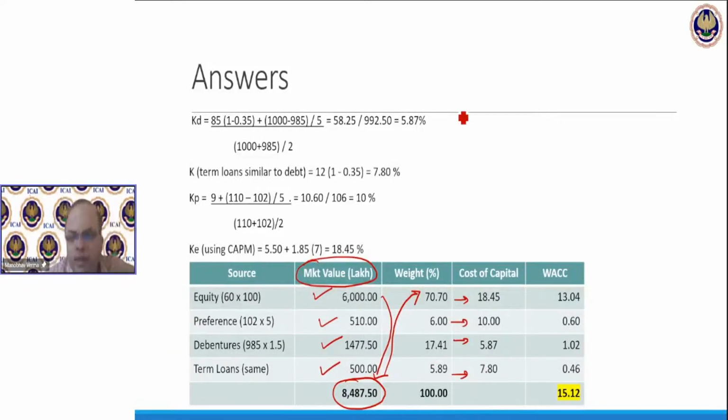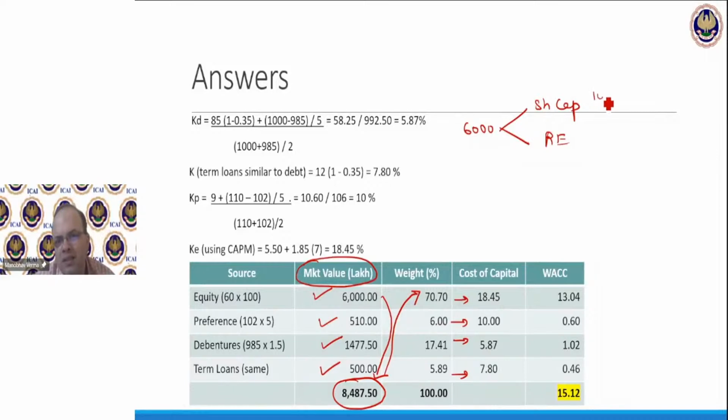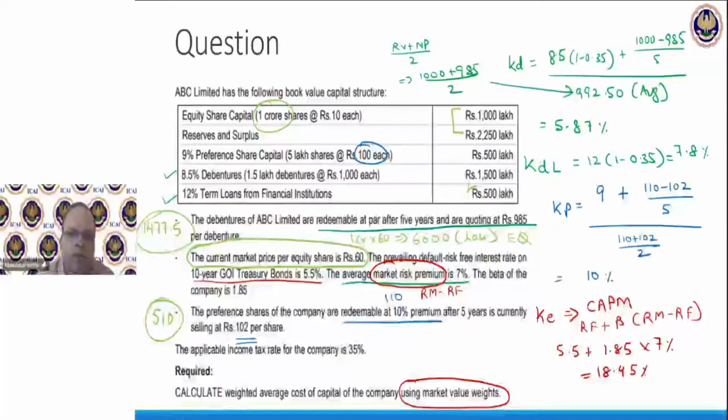Now, interestingly, guys, if you wanted to apportion the 6,000 into share capital and retained earnings, the proportion will be the same, that is, whatever the book value proportion is, given to you as 1,000 and 2,250.